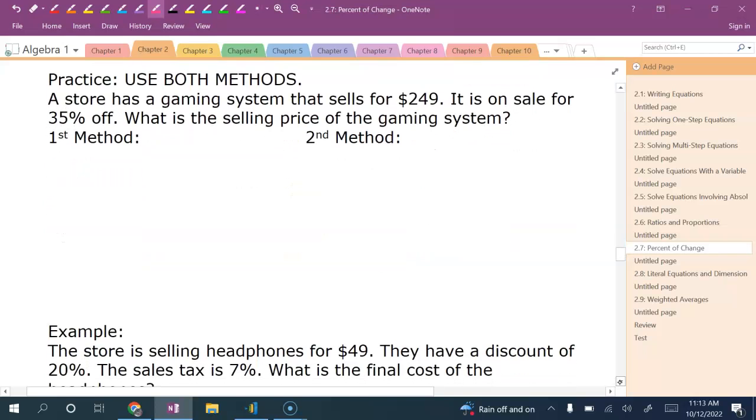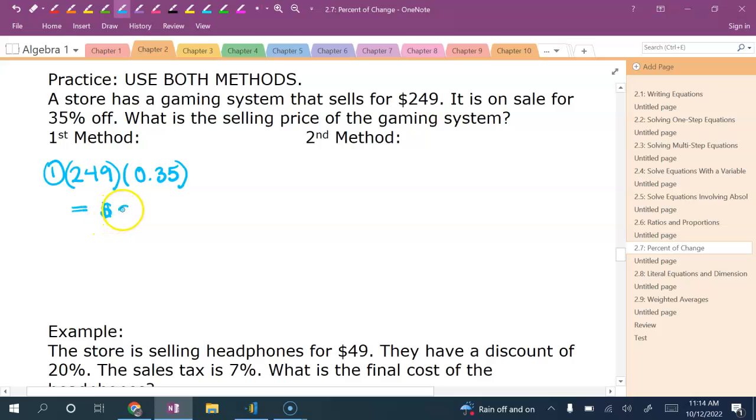So let's practice using both methods here. A gaming system that is costing $249 is on sale for 35% off, so we want to find the sale price. Step 1 is to take your cost of your item, $249, for the first method, times 0.35, again that's 35% as a decimal.